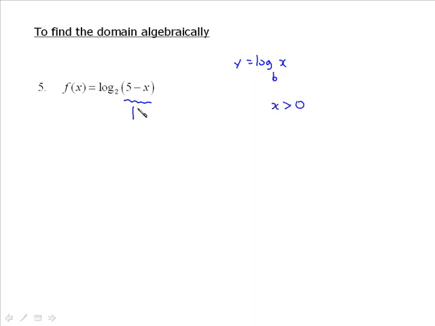So for this 5 minus x, we simply note that 5 minus x must be greater than 0. Negative x, if you isolate that, is greater than negative 5. And then through division, when you divide by a negative, you must reverse the inequality, and then you get x is less than 5.